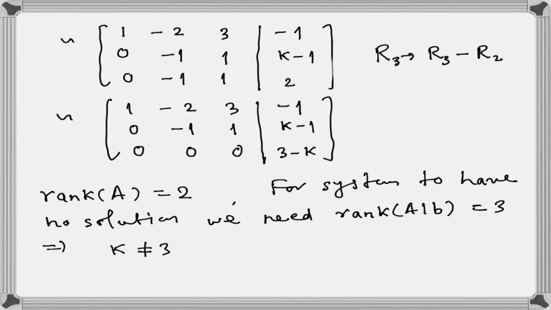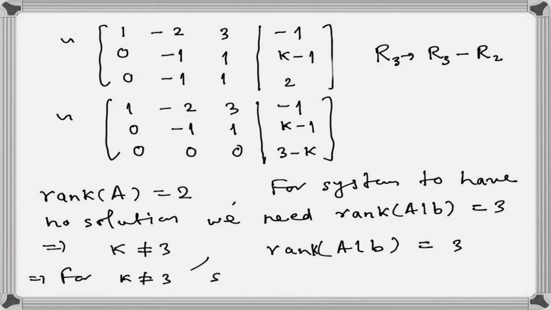Because if k is not equal to 3, then the last row of the augmented matrix is not 0, and the rank of A augmented B is 3. So for k not equal to 3, the system will have no solution. So this is the final answer.